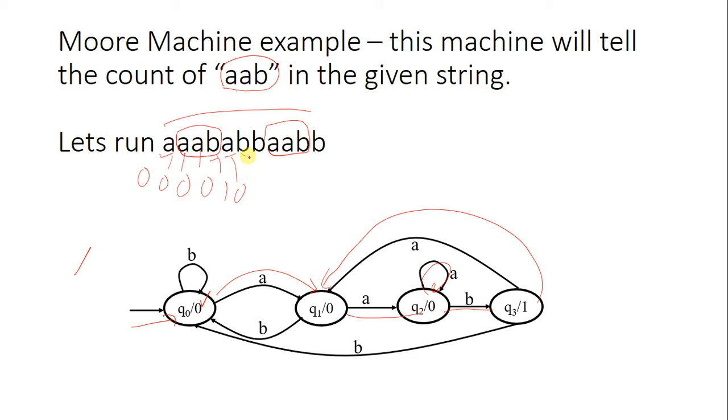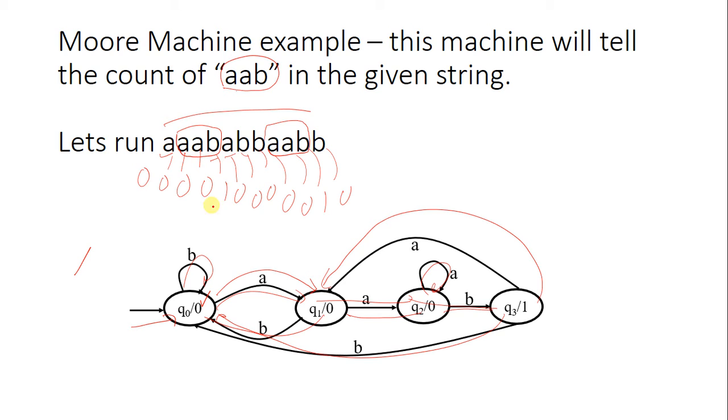Then B, output is 0 again. Then B, output is 0 again. Then A, output is 0 again. Then A, output 0. Then B, output is 1. Then B, output is 0.